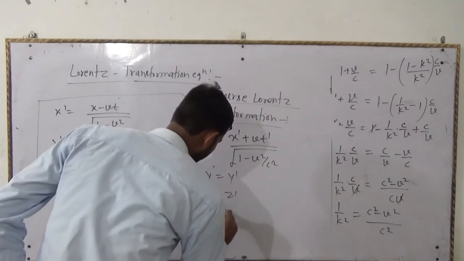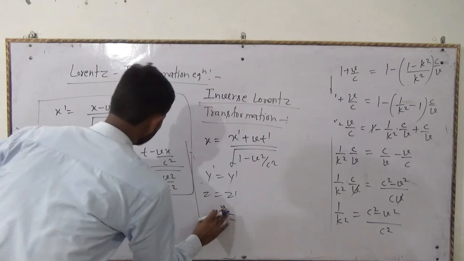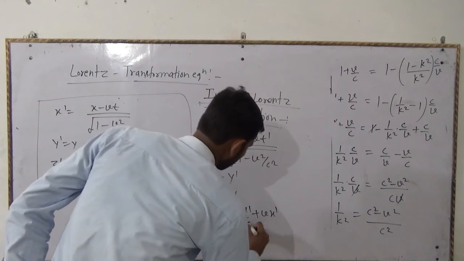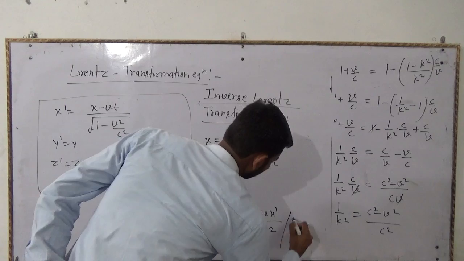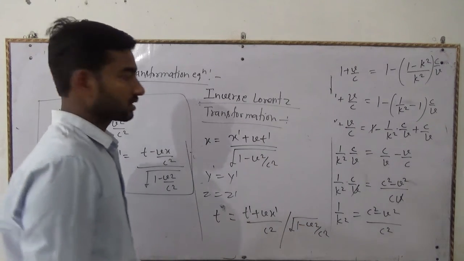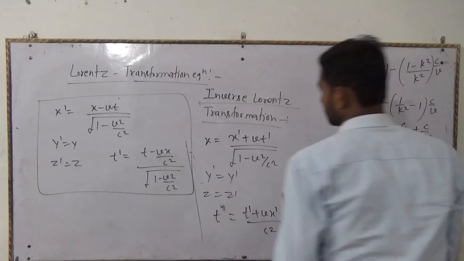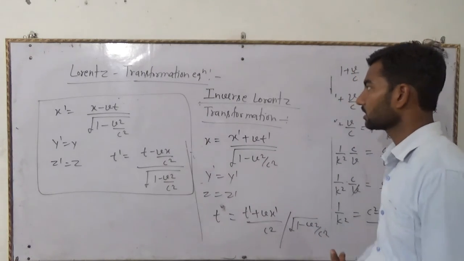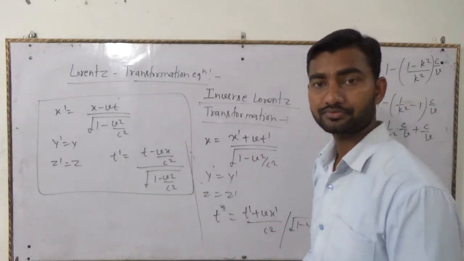And the value of t dash will be t, so t is equal to t dash plus v x dash by c square upon under root 1 minus v square by c square. That is the inverse Lorentz transformation equation. It is the Lorentz transformation equation and it is the inverse Lorentz transformation equation.